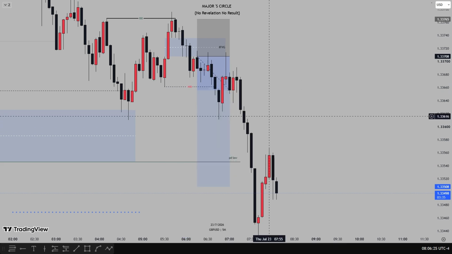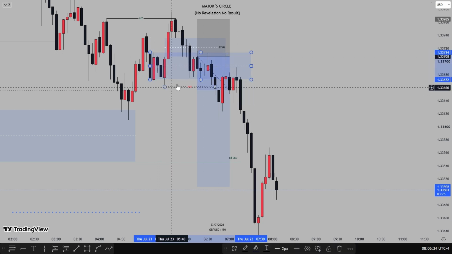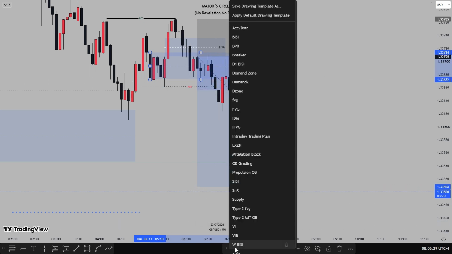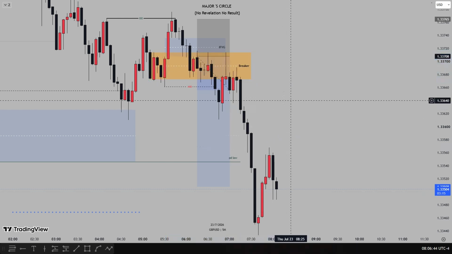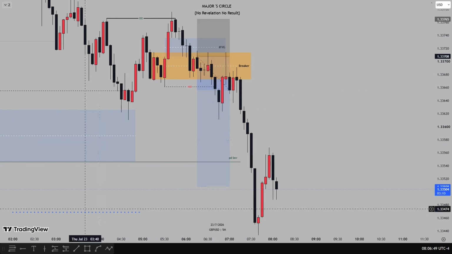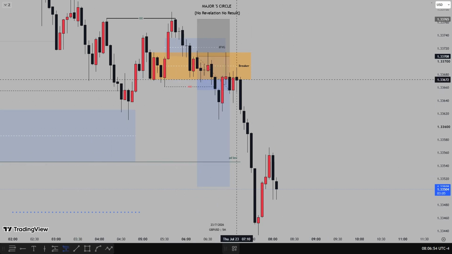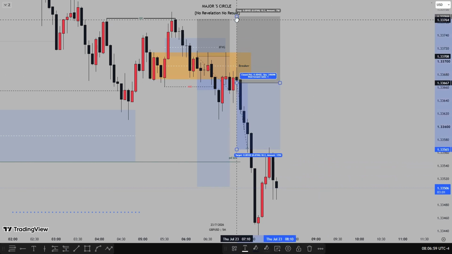After that low was taken out, you can notice that we left behind a bearish breaker block, which is the last bearish candle before the structural shift. So this is a bearish breaker block, and price traded into the breaker and respected the move. So a second entry would have been this level, then the stop loss just at this high.